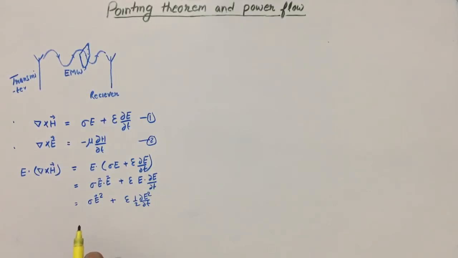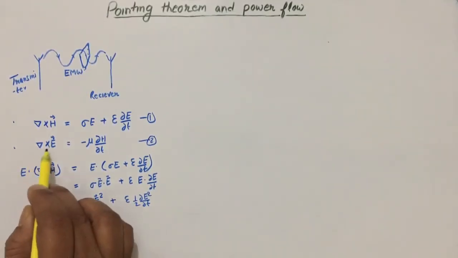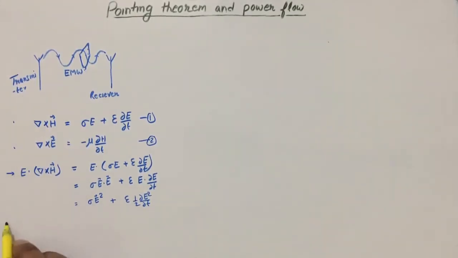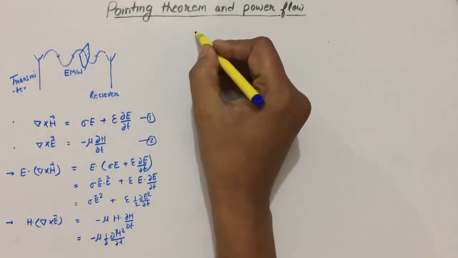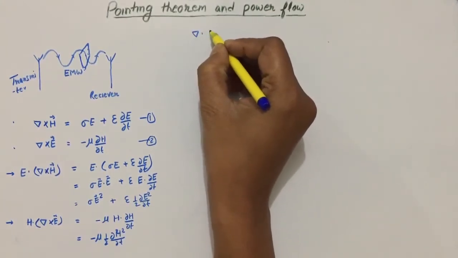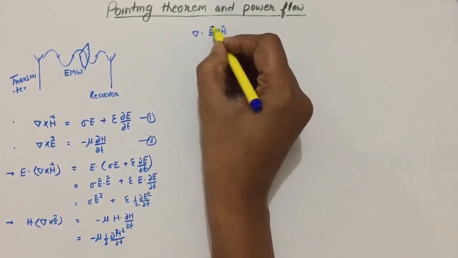Similarly, let us do the dot product of the second equation with H. When we do the dot product of del cross E with H, we will have minus mu H dot del H by del T. After further simplification, we can have similar to this, half mu del H square divided by del T. Now let us do del dot E cross H. We are doing this to find the power equation.